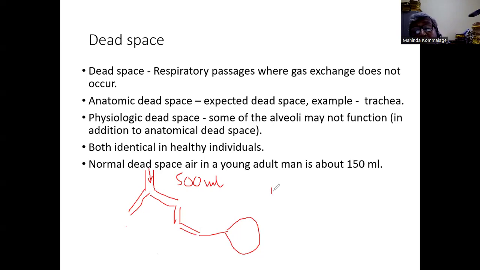So roughly 100 to 150 milliliters of air will be retained here. We get only 350 milliliters to the alveoli. So with each respiratory cycle, in the resting stage, we get only 350 milliliters of air into the alveoli, and the rest is retained in the airway. That means only 350 milliliters really contributes to the gas exchange.